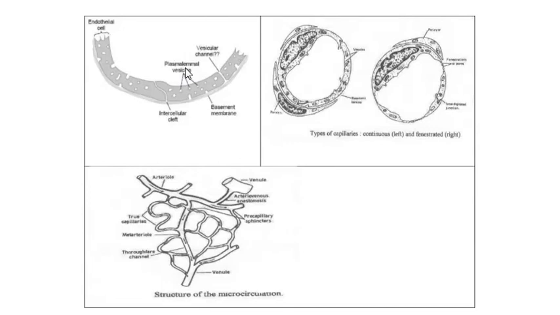So look at it carefully, it is very obvious to be seen, and also the nucleus of the endothelial cell. These are the types of capillaries on the right side, this is a portion of the wall on the left side, and below is the structure of the microcirculation.